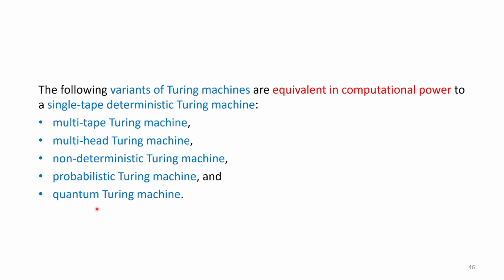And then I won't go into a lot of detail, but in the 80s, they defined a new kind of machine called a quantum Turing machine, which is the foundation of quantum computation, quantum information theory, and quantum computers. And there was, for the first time, a tantalizing question. Maybe quantum computers could do something that traditional computers, what we call classical computers in this context, couldn't do. Is there something they couldn't do? And it turns out no. We can simulate a quantum Turing machine with a deterministic single-tape Turing machine as well, meaning that computationally they are no more powerful.